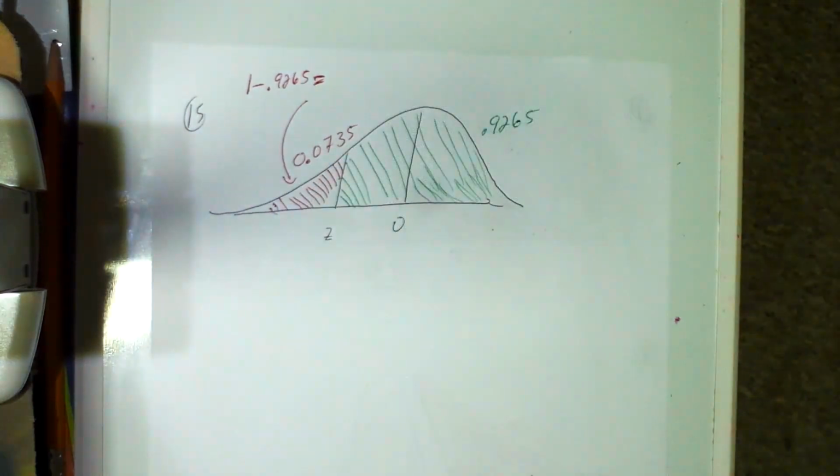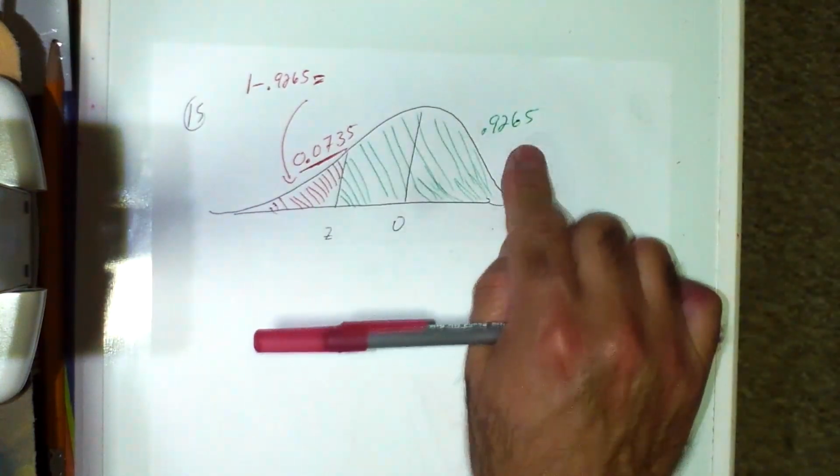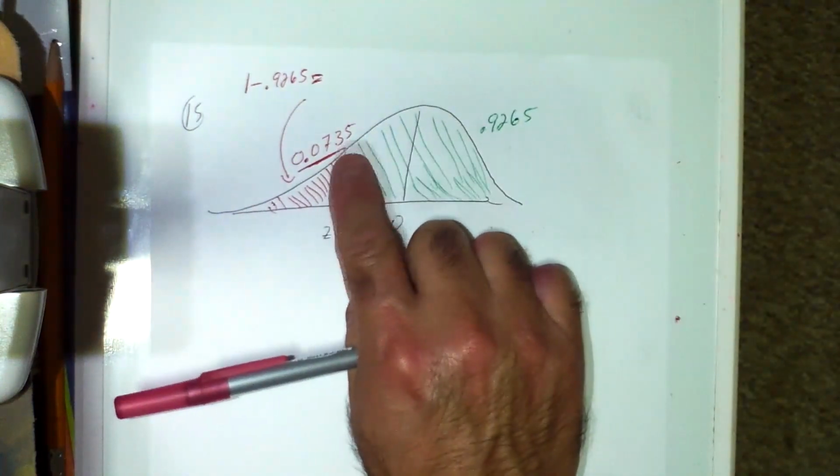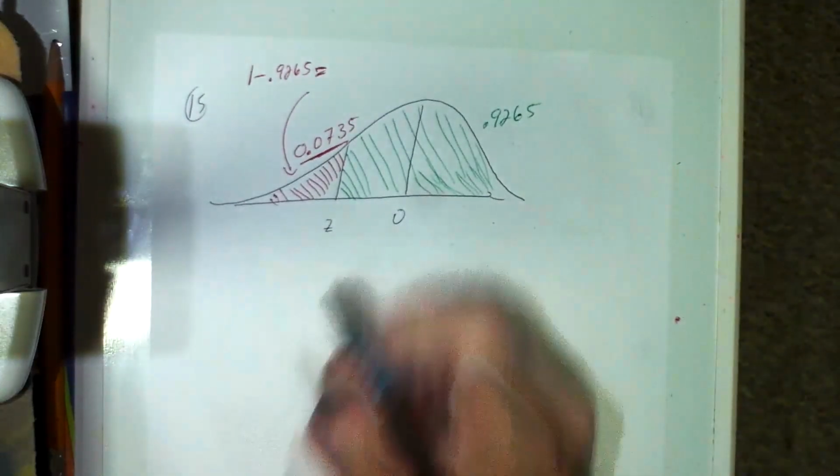And so I am going to enter that number, not the green one, that's the right side. I need the left side. I need to enter this number in StatDisk, and that'll give me the proper Z. So remember, it's going to be negative.